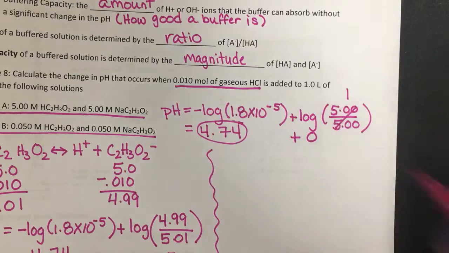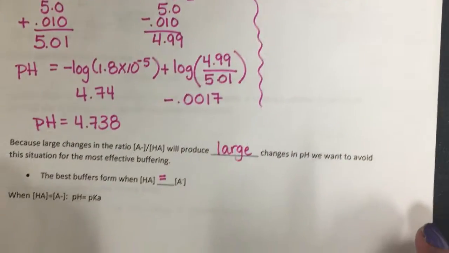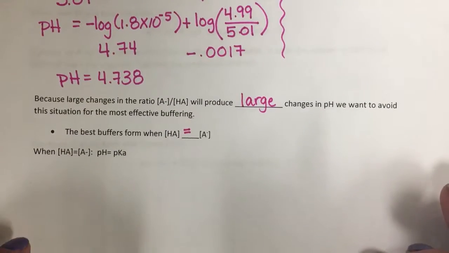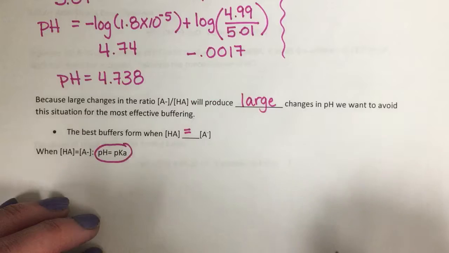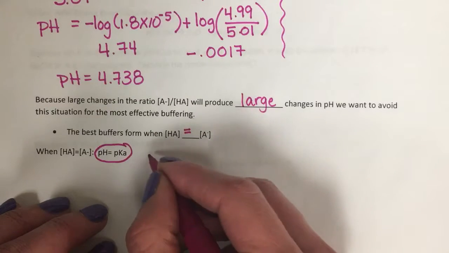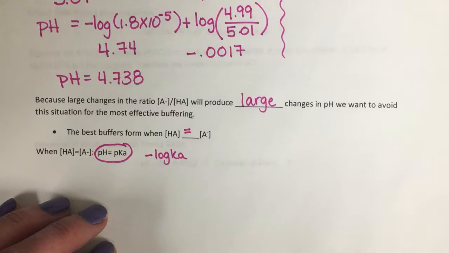The log of 1 is 0. So when we have a buffer where the concentration of the acid is equal to the concentration of our base, the pH is going to be equal to the pKa, or the negative log of that Ka value.